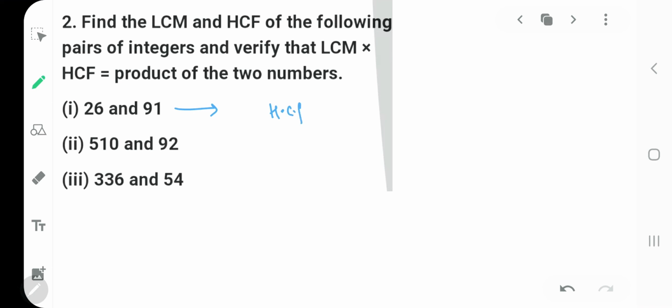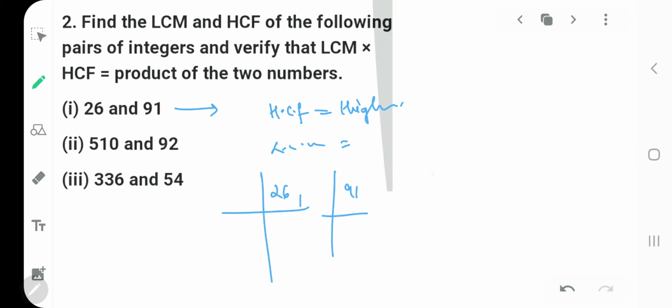HCF is the highest common factor and for LCM you have to take common as well as uncommon factors. Okay. So if you get 26 and 91, their HCF will be 13 if you find it out. And their LCM will be 182.